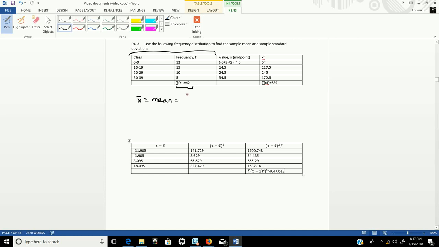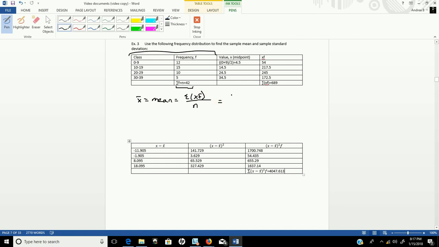So once again, this is from finding the sum of that x times f column, and then dividing by n. Remember that n is your sample size, how many values we had to begin with. We had 42 values, since that's what the sum of our frequencies is.